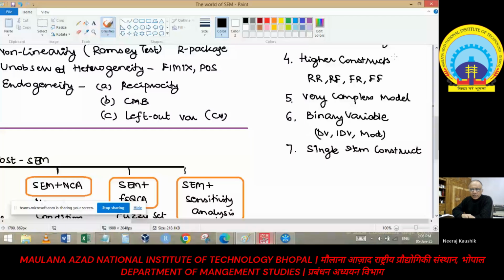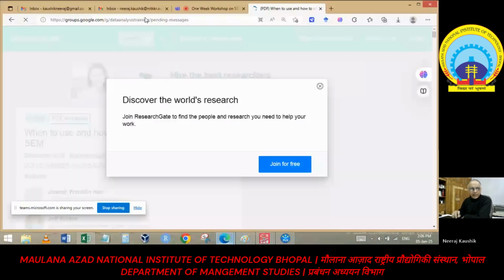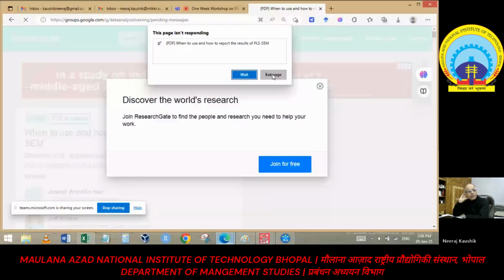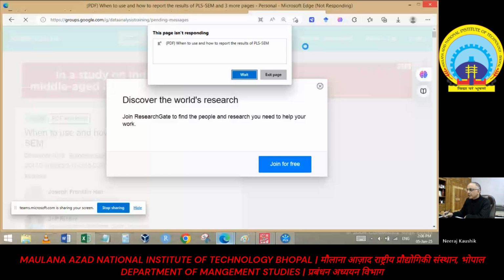Priyanka says, first, the assumption of the sample size using G power. Okay, Priyanka, please do one thing. There is a Google group, groups.google.com, data analysis training. It's an open group, no membership required. If you have a Gmail ID, simply go to groups.google.com and search for data analysis training.